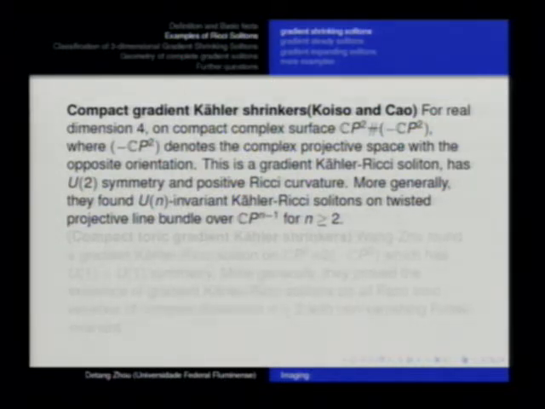They construct the gradient shrinking soliton on this manifold, and this construction can be generalized to the higher dimensional case.